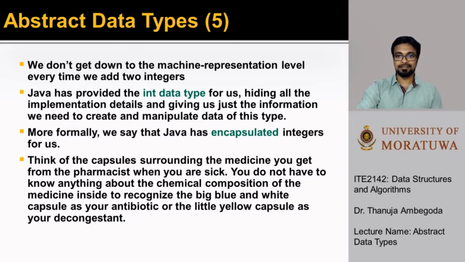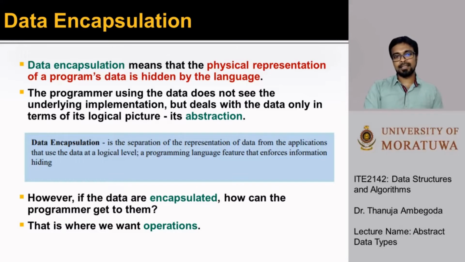It's a somewhat similar concept to abstract data types, where the details are encapsulated and you only work with the interface. So if the data structures of the data types are encapsulated, as we said earlier, how can the programmer get to them? How can the programmer use them? This is why we want operations, the set of operations that are defined on that particular data type.